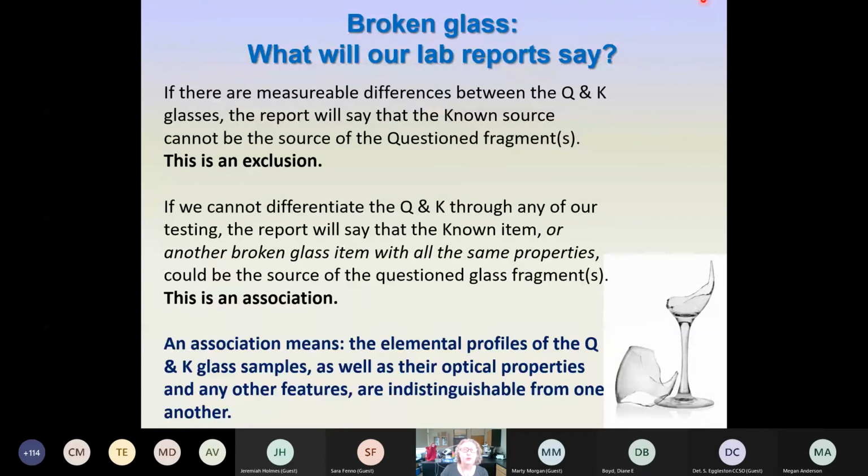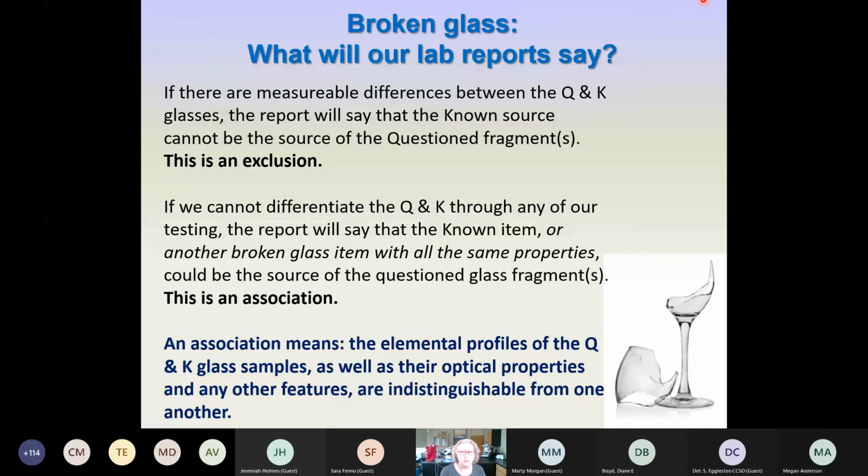So what will our glass reports say when we are finished? If at any time in our analysis we were able to tell the difference between the Q and the K, then we will say that the known source cannot be the source of the question fragments, and that is called an exclusion. If we cannot differentiate the Q and the K, then we will say that the known item or another broken glass item with all the same properties could be the source of the question glass fragment, and this is an association.